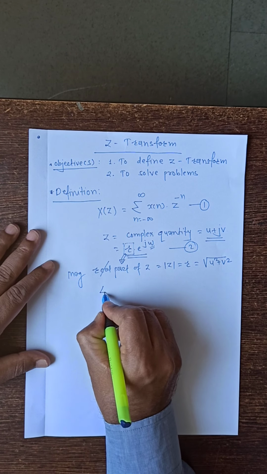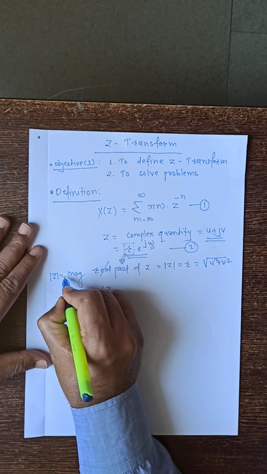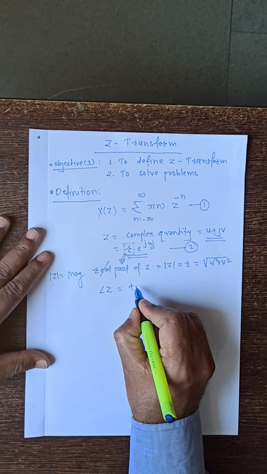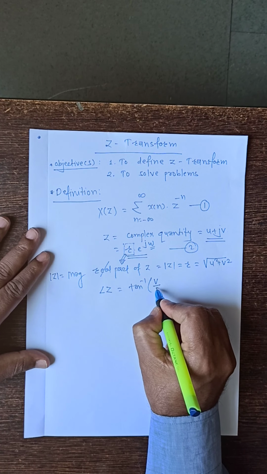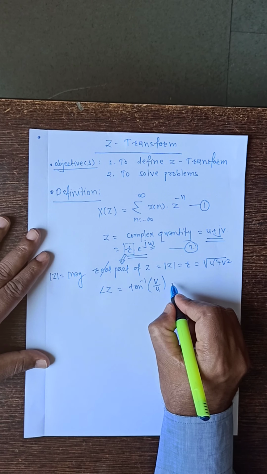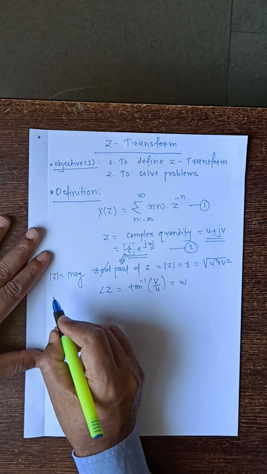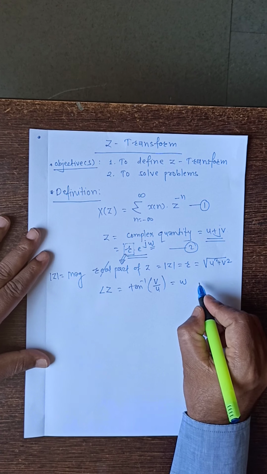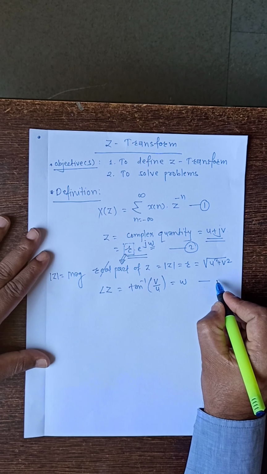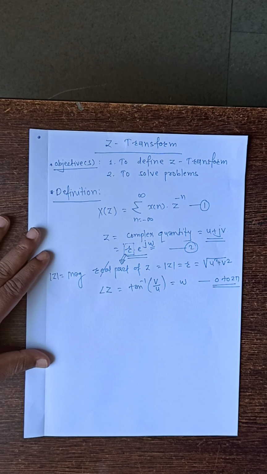So this is magnitude of z, this is angle of z, that is equals to tan inverse of imaginary part v over real part u, that equals omega, as per equation number 2. So magnitude of z and angle of z. The angle of z varies from 0 to 2 pi. So this is nothing but a circle actually.